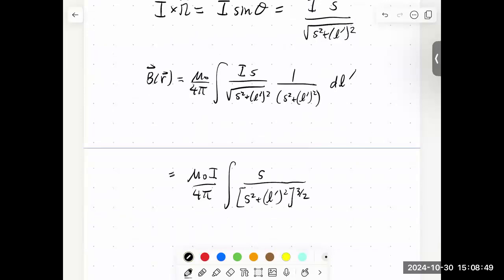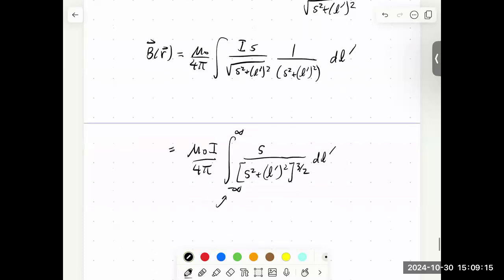The square root of s squared plus L prime squared, cubed, and this one times this one gives that 3/2 power. I think that's okay. Now, if this is a really long wire, our limits of integration will be plus or minus infinity. So this is for a long wire.